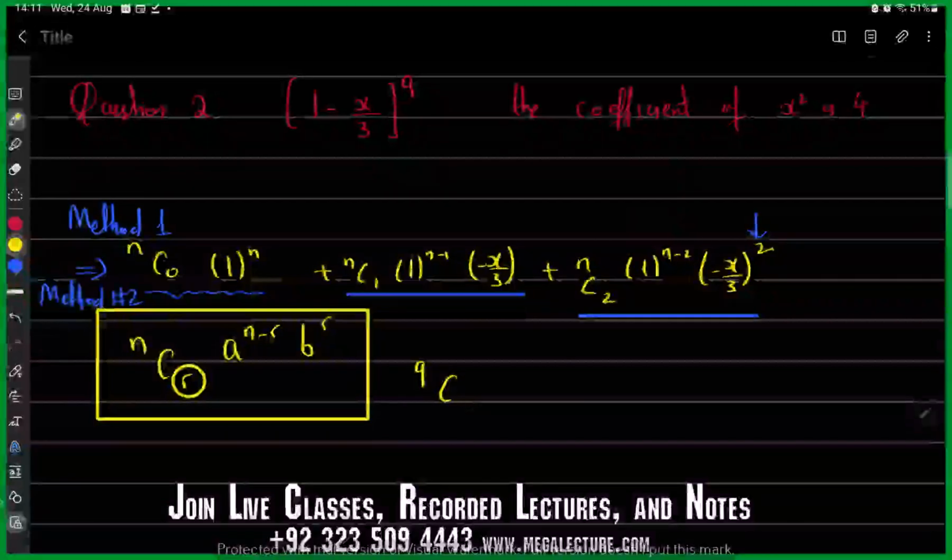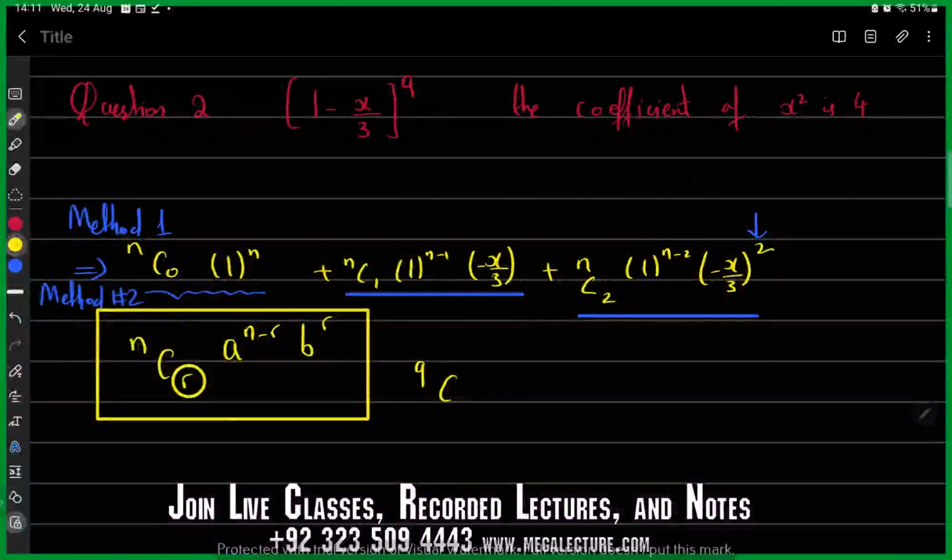What is the value of r? That is what we need to decide, right? I need to find r just so I can find the number of the term that has x squared in it. So nCr, a is 1, a power 9 minus r, and then minus x divided by 3 power r, that is squared. All right.